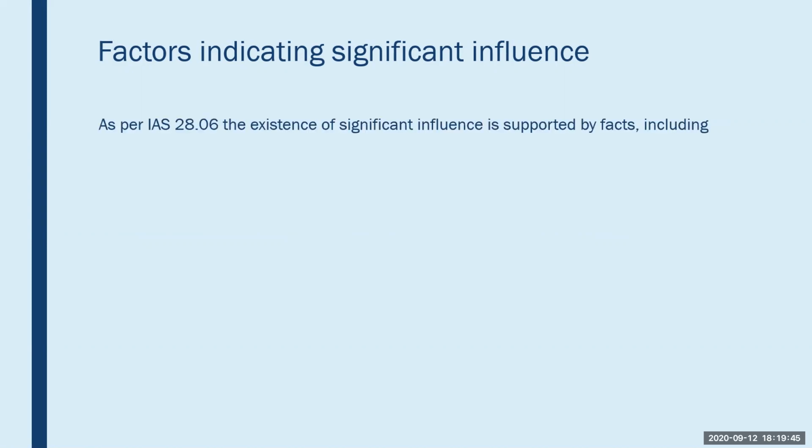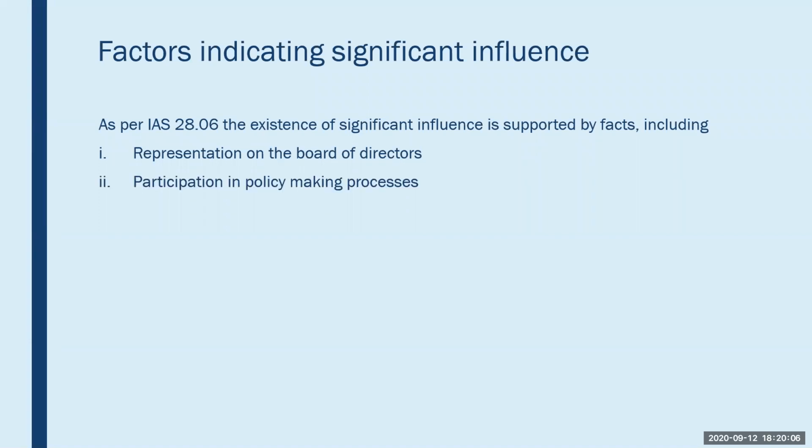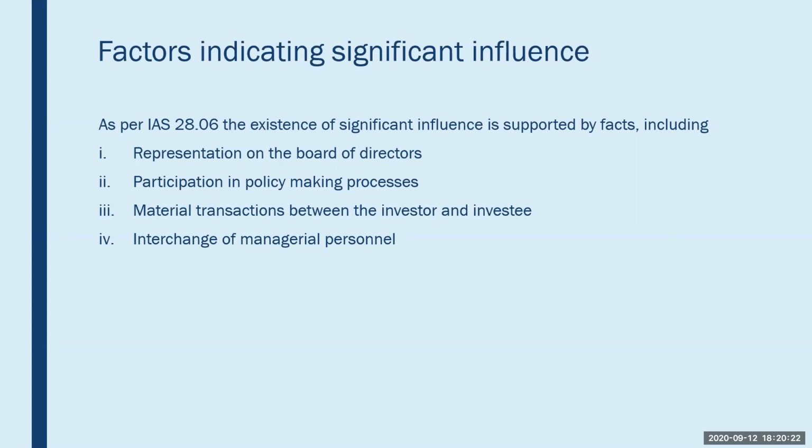IAS 28, paragraph 6 says that the existence of significant influence is supported by facts that would include the investor company having representation on the board of directors of the investee, the investor's participation in key policy-making processes of the investee company, there being material transactions between the investor and the investee company, there being an exchange of managerial personnel, key managerial personnel, not at a supervisory level, but say at a controller level or higher, and the provision by the investor of essential technical information to the investee company.